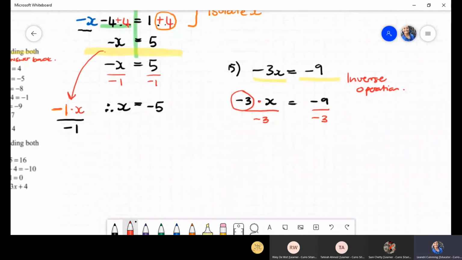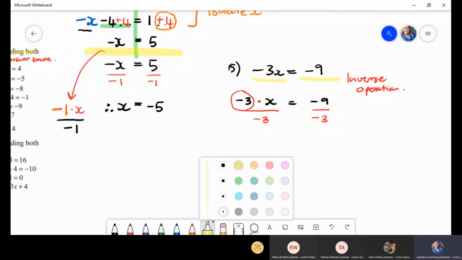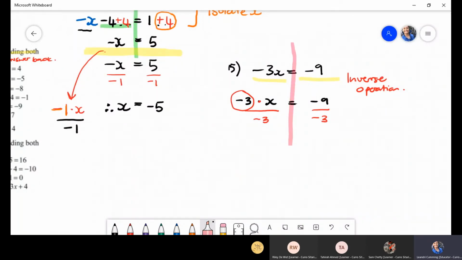And therefore I perform it on the other side, because what I do on the one side, I have to do on the other side. Right, now I can see, okay, -3 divided by -3 leaves me with a positive x. But what I do on that side, I have to do on this side. And here, minus divided by minus becomes a plus, very important. 9 divided by 3 becomes 3. And there's my answer.